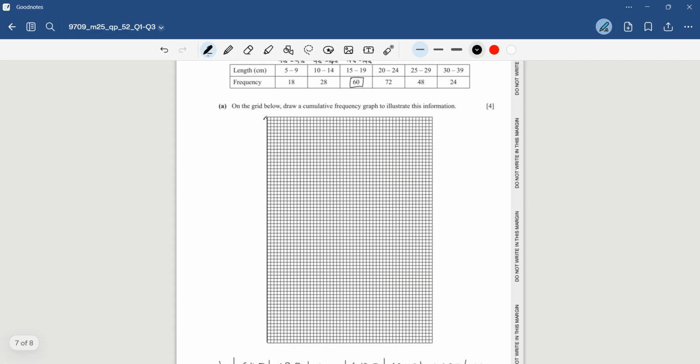So this will be your cumulative frequency, and this is the length in cm. Please write in the full term, cumulative frequency, and 0. So now we need to label until 39.